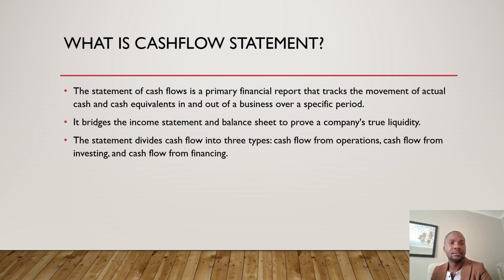Okay, so the statement divides the cash flows into three types: cash flow from operations, cash flow from investing, and cash flow from financing activities, as we're going to look at in detail in due course.